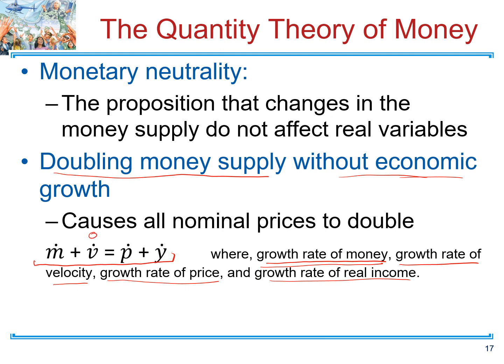P dot is the growth rate of price. That means the inflation rate, right? This is the inflation rate. And Y dot is the growth rate of real GDP, or the growth rate of real income, or in other words, we can say the growth rate of the economy.